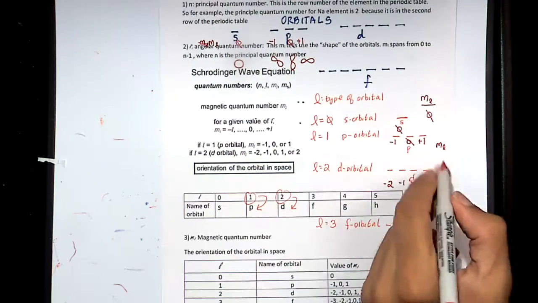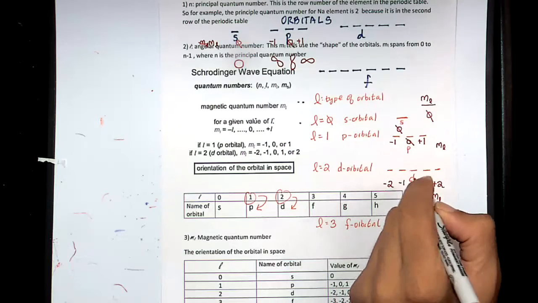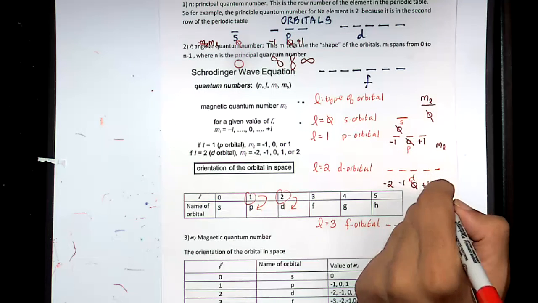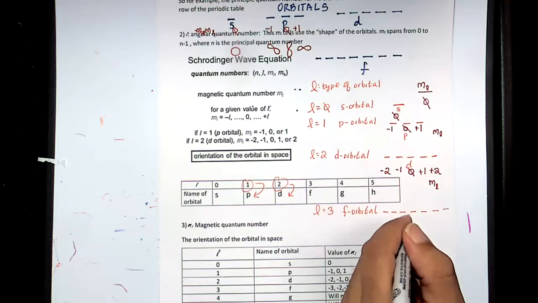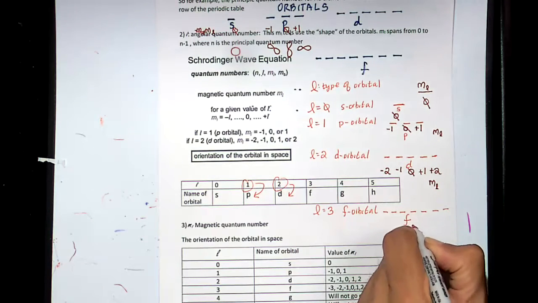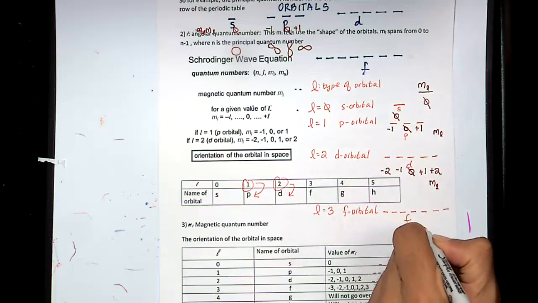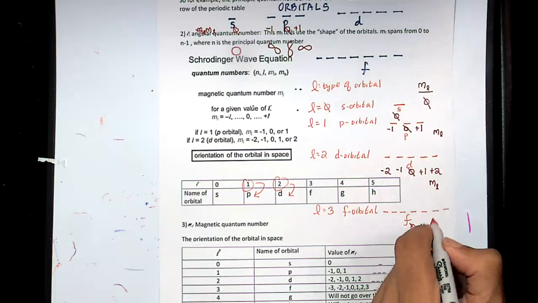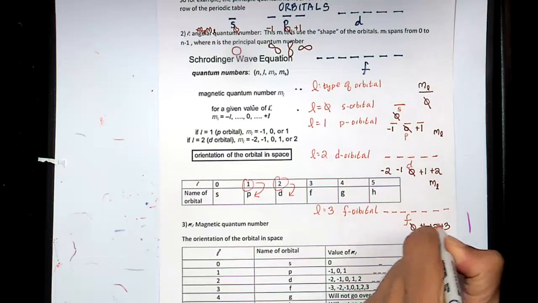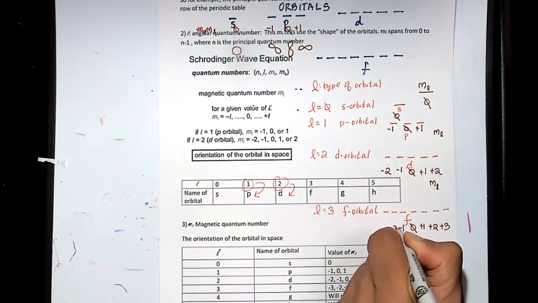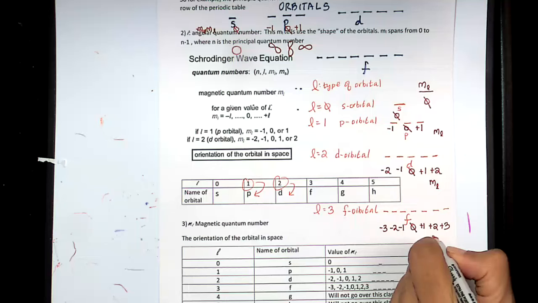So that is what m sub L can be for d: -2, -1, 0, +1, or +2. And though I'm not going to talk about f, same principle here. 0 gets the center slot, and then we number it left and right. So we can have +1, +2, +3, -1, -2, -3. So that's what m sub L can take.